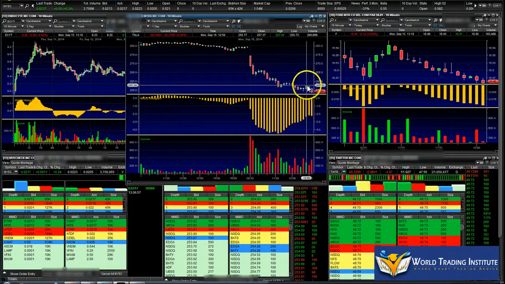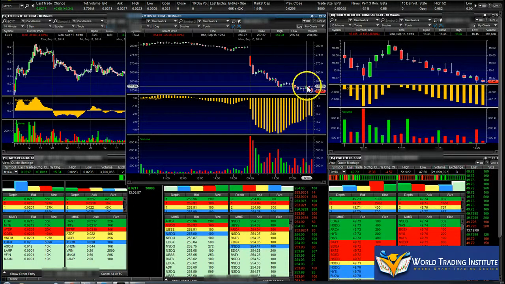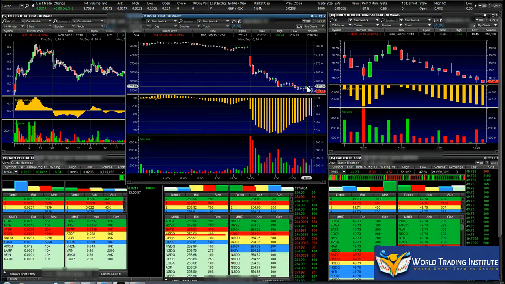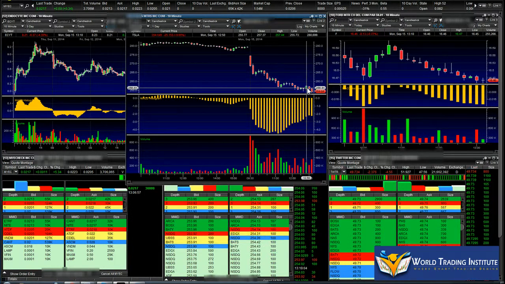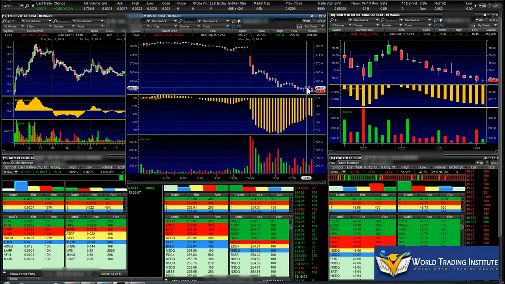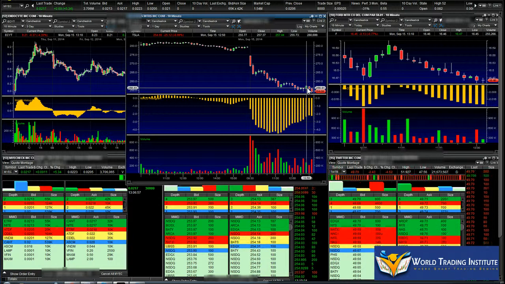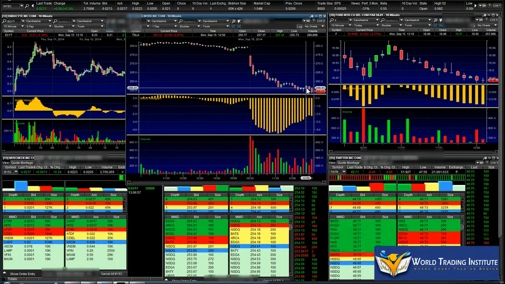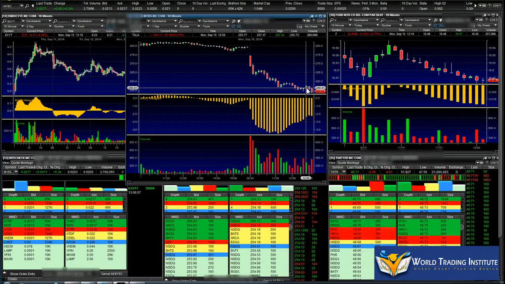So we want to protect our profits. So our stop order would be a penny above the high of this green bar right here. That would be 257.44 is the high. So our stop order is 257.45, a penny above that high of that green bar. So now we trailed our stops down. Remember, worst case scenario, we made about 25 points in profits per share, okay?